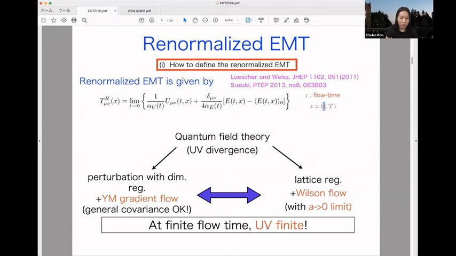The UV finiteness has been proven by Luscher and Weisz in this 2011 paper. So both sides as physical quantities are UV finite, we can find the matching condition in the perturbative region, and then we can obtain this operator equation to define the renormalized energy momentum tensor. This is the basic idea to solve how to define the renormalized energy momentum tensor.